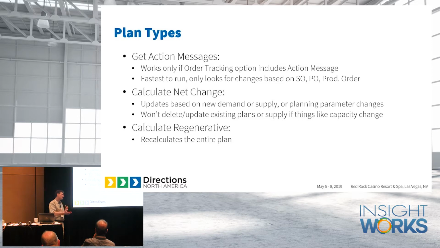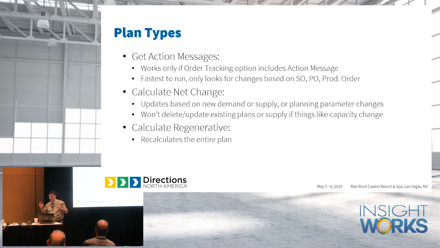So if I've made any changes to some of the master data, net change won't do it. But that doesn't happen very often, so net change is not a bad choice to run. Maybe you run net change Monday, Tuesday, and then Wednesday you run a regen, and Thursday, Friday you run net change or something like that. The reason you do that is regenerative looks at everything, but it runs a little slower.